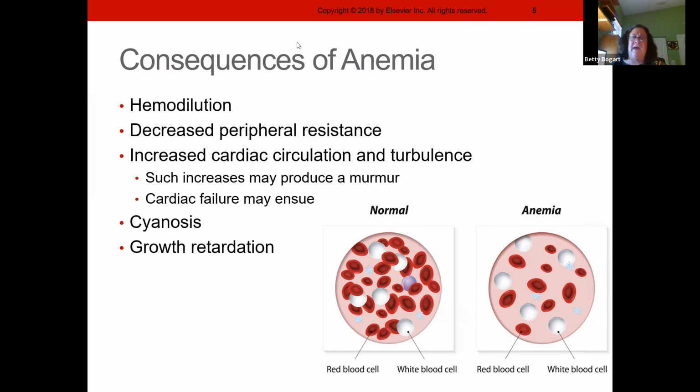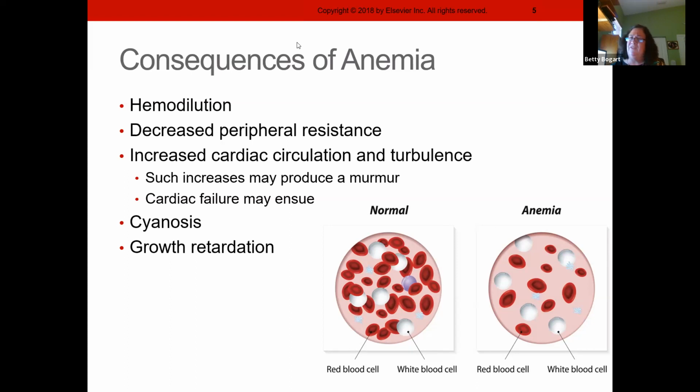Can you imagine having a child or an adult come in, let's say to the emergency room, and they're low on blood for whatever reason, and their blood pressure's low, so we give fluid. What have we done? We've more than hemodiluted that blood.